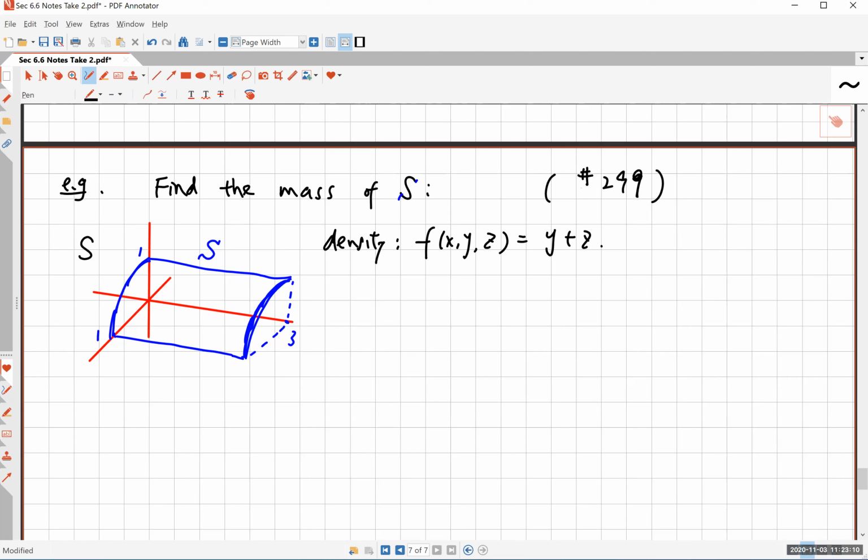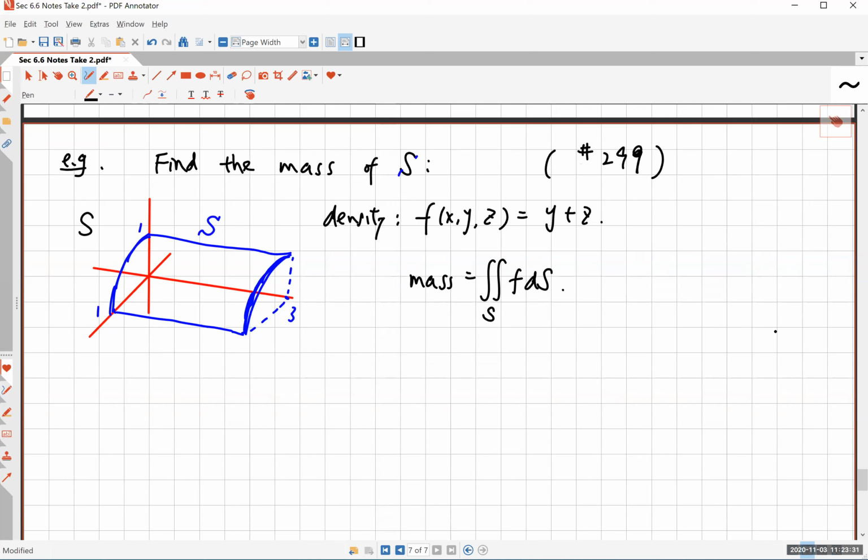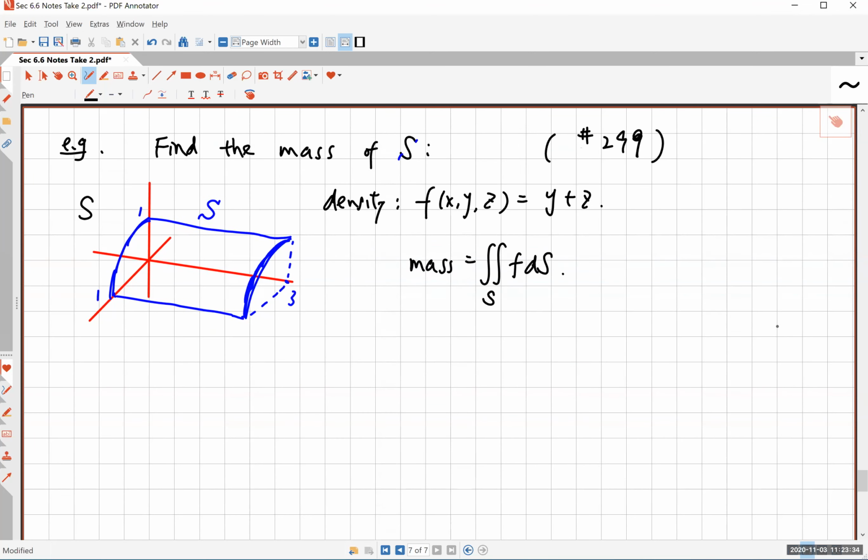It actually doesn't say the math. It says find this, okay? And the mass we have to find is a double integral over S of f dS, right? And that is the question in number 299. I'm interpreting this question as the one where you have to find the mass.